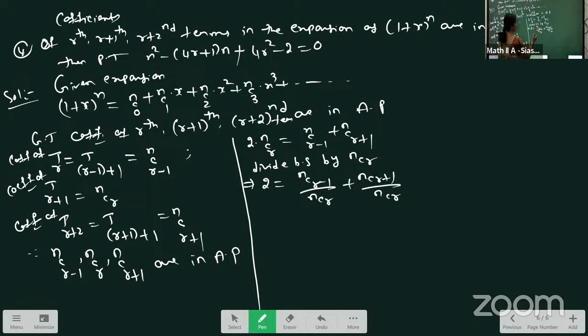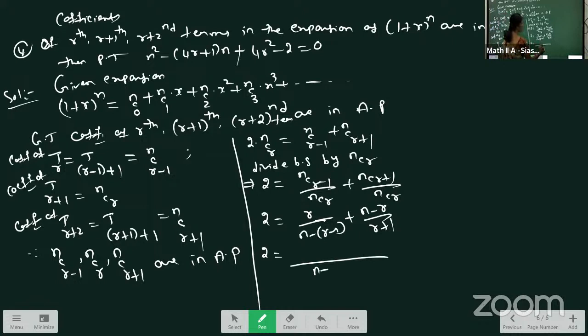What is the simplification of this? 2 equals r/(n-r+1) plus (n-r)/(r+1). Now taking LCM, 2(n-r+1)(r+1) equals, cross multiply, r(r+1) + (n-r)(n-r+1).